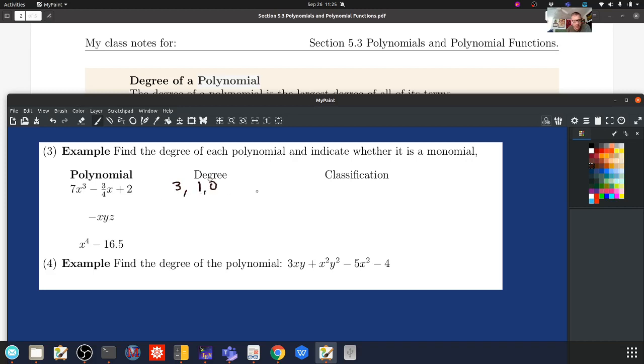In this list, the largest of those numbers is 3, so it has degree 3. How many terms does it have? It has 3 terms. So that means it's a trinomial.